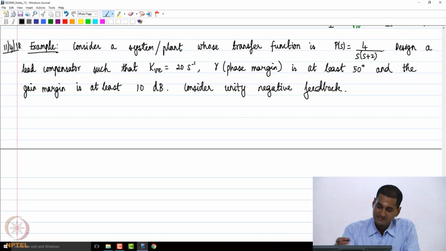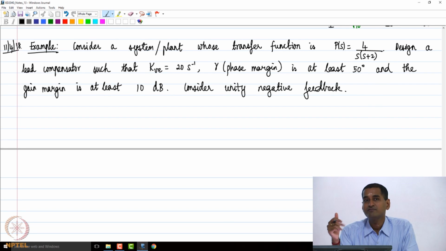So essentially we want to stabilize the closed loop system. That is a main objective. At the same time, we also want to ensure that some performance specifications are met. When we design controllers or compensators using frequency domain techniques, as we discussed yesterday, the performance parameters are specified in terms of gain margin, phase margin, steady state error characteristics and so on.